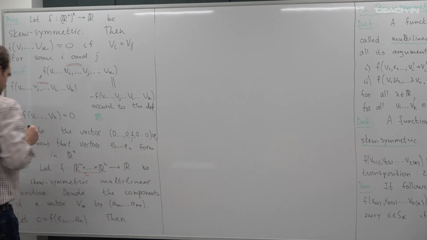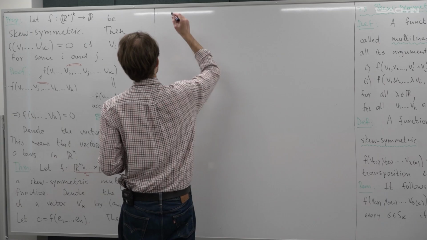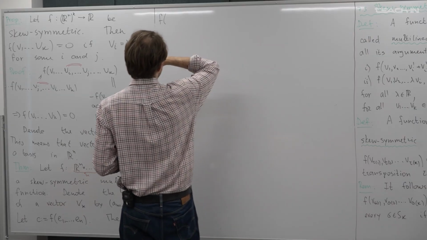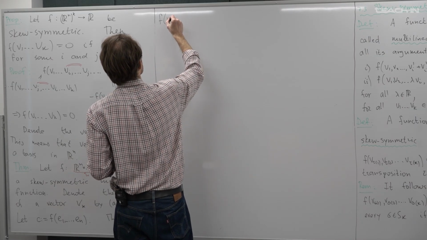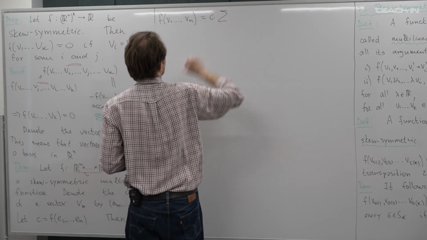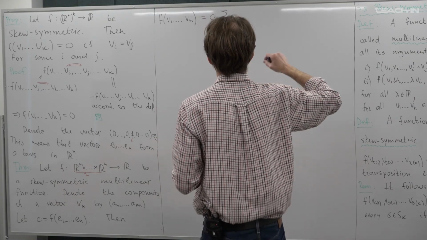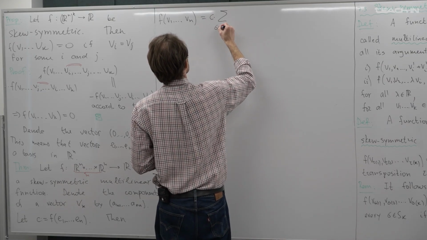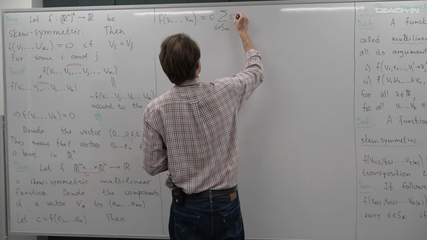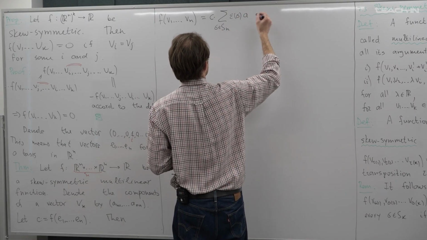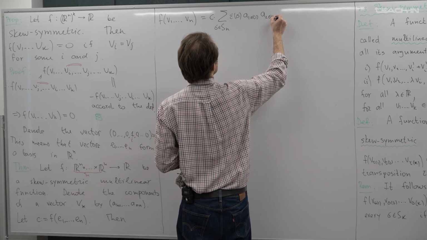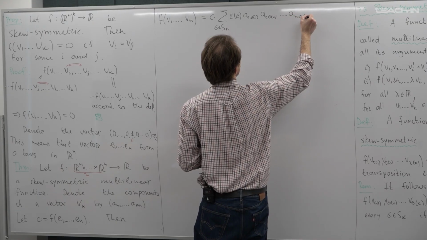Then the value of our function on any set of arguments v1, etc., vn equals C multiplied by the sum over the set of all permutations of n elements of epsilon of sigma multiplied by the following product: a sub 1 sigma of 1, a sub 2 sigma of 2, etc., a sub n sigma of n.